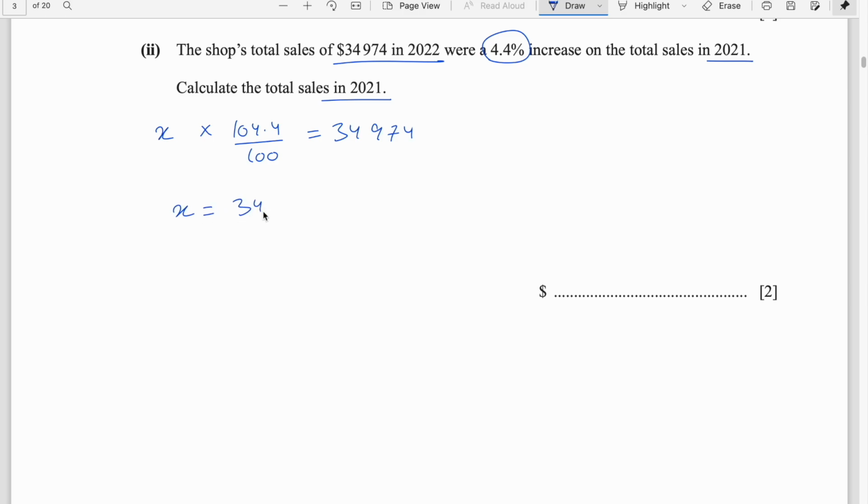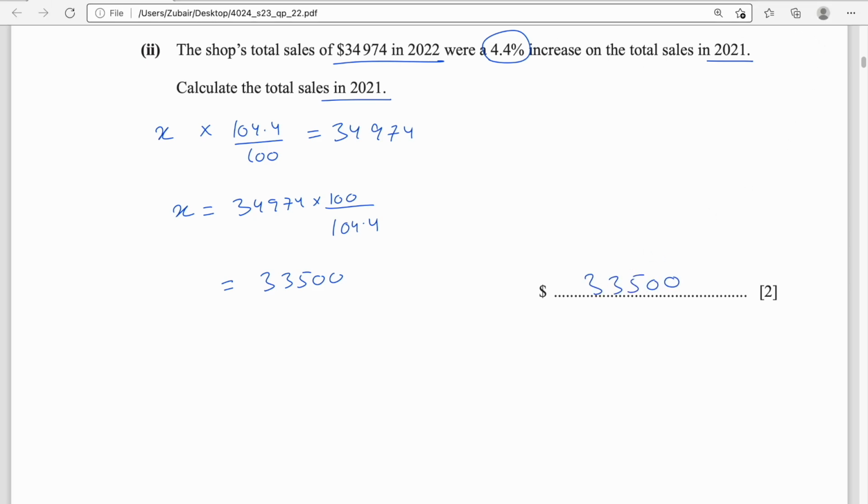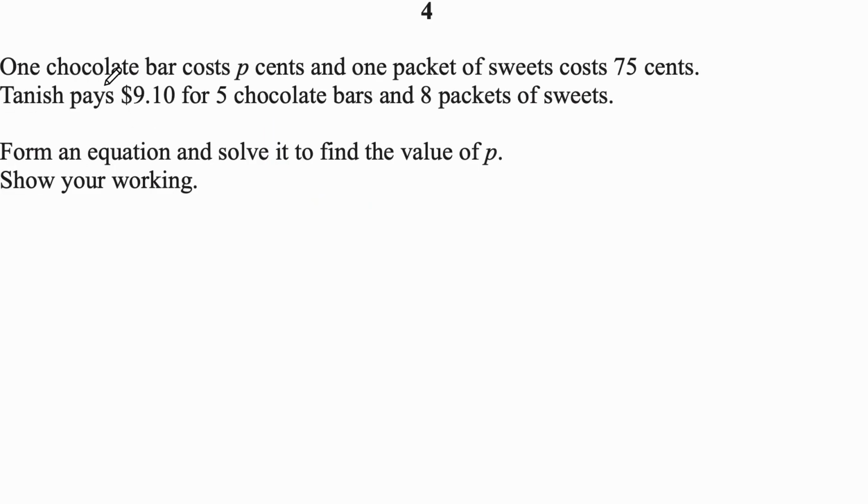So X comes out to be 33500. So it was 33,500 in 2021, which increased by 4.4% to 34,974.